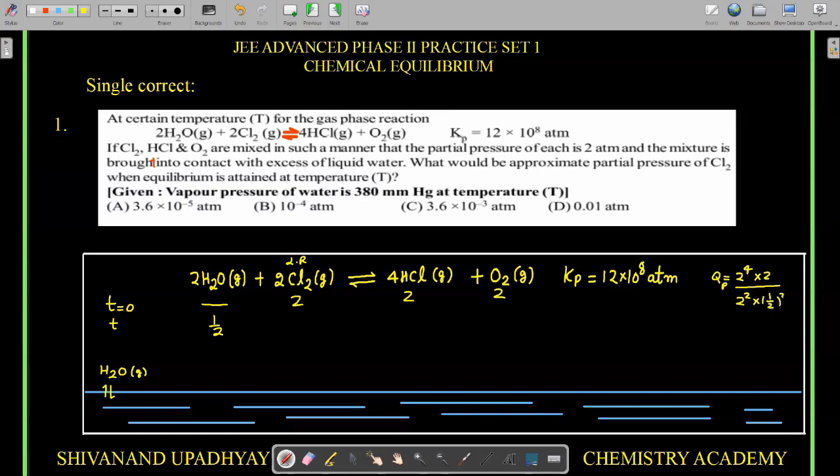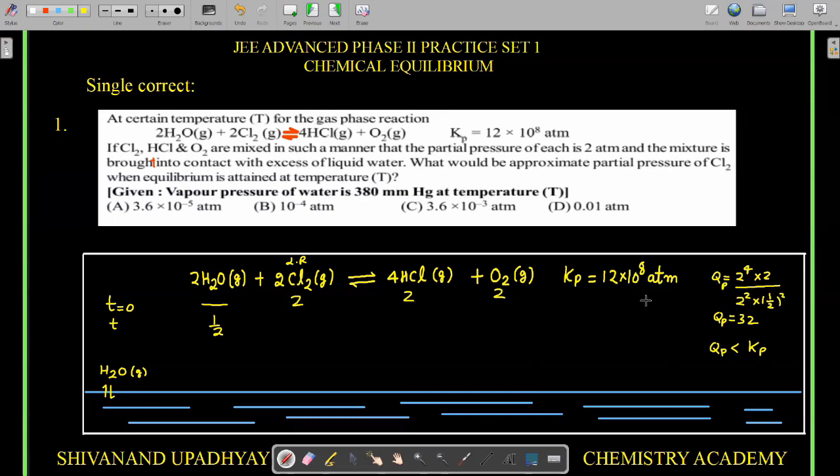If I simplify, the denominator is equal to 1, and this is 16 into 2, equal to 32. So the value of Qp is 32, which is very less with respect to the value of Kp. So the reaction will go in the forward direction.